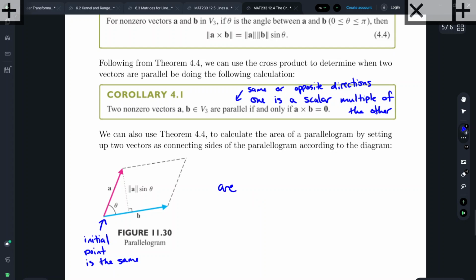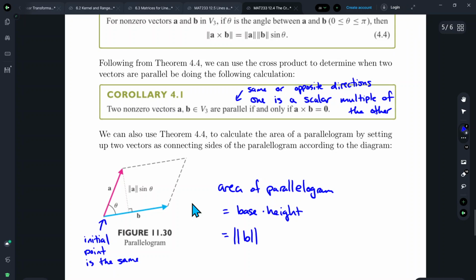The area of the parallelogram is just equal to base times height. But what is the base? The base is the magnitude of B, and the height is this side here, which is the magnitude of A times sine theta.